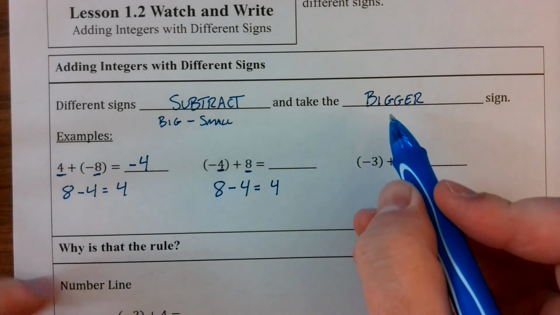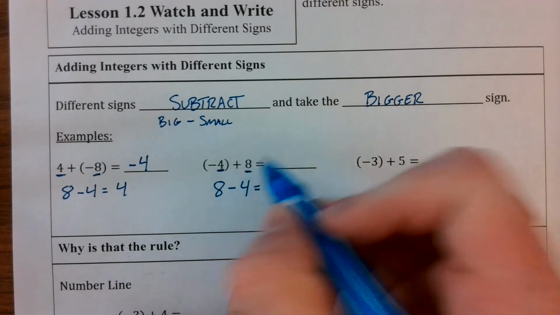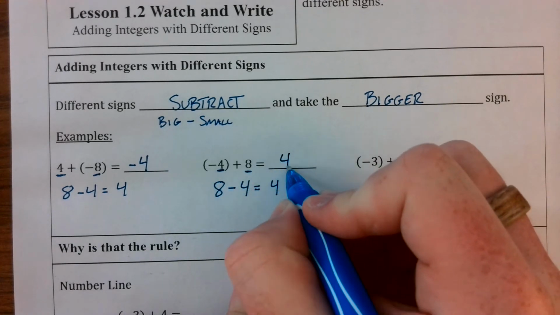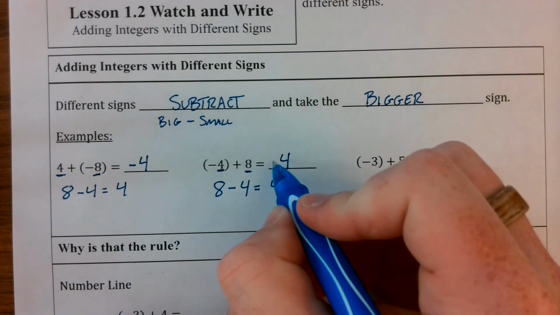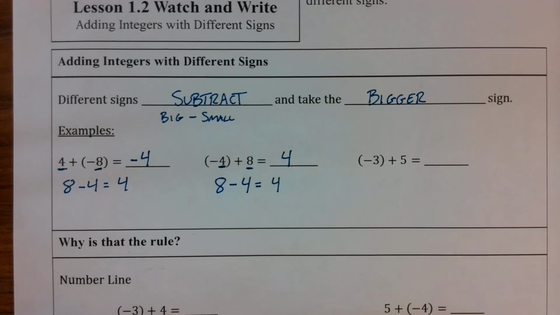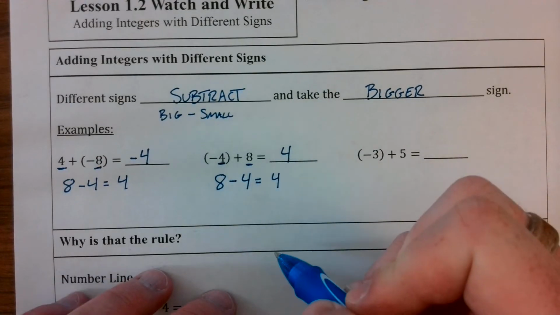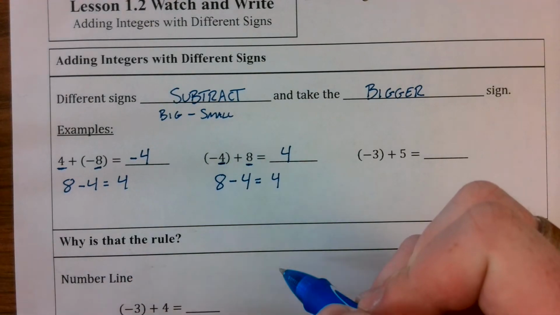And then we take the bigger sign. The absolute value for 8 is bigger. 8 is positive, which means our answer is just positive 4. Notice I didn't put a plus sign in front of it. When it is positive, we don't need the plus sign. We'd automatically assume that all numbers without a minus sign are positive.